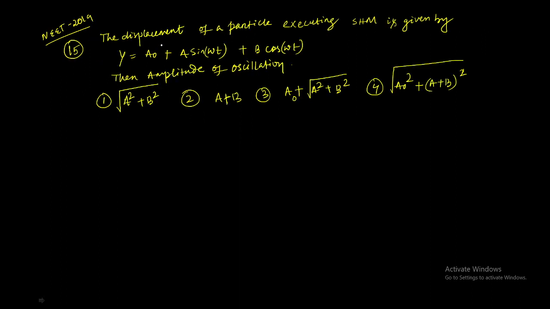Fifteen number, the displacement of a particle executing SHM is given by, so y they have given a naught plus a sine of omega t plus b cos of omega t. Now if you see here, this a naught is basically shifting this y. It's not contributing to the SHM, it's only shifting the y.